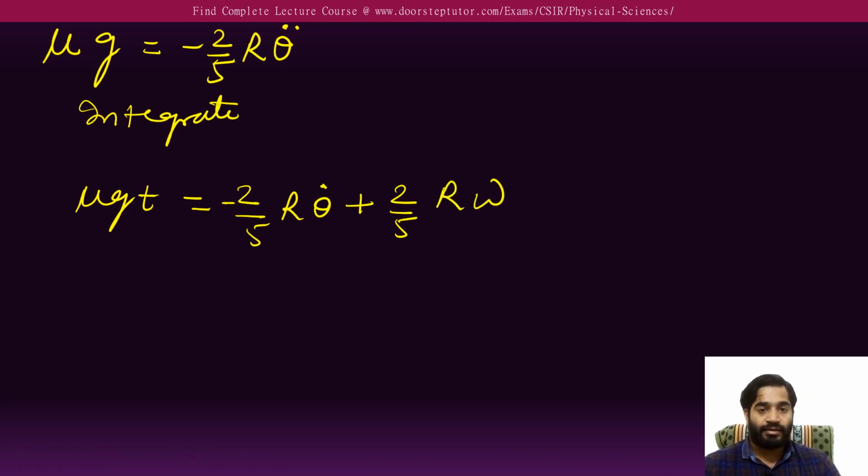From here, I put in the value of theta dot, that is 2 by 7 omega.